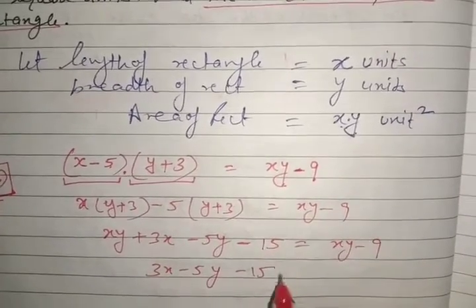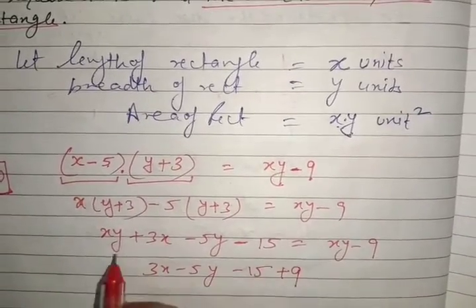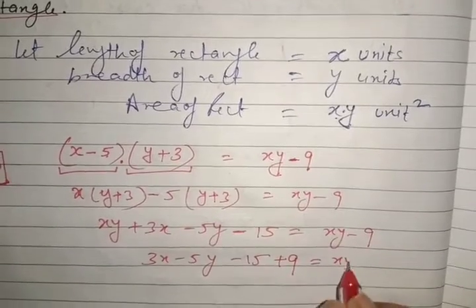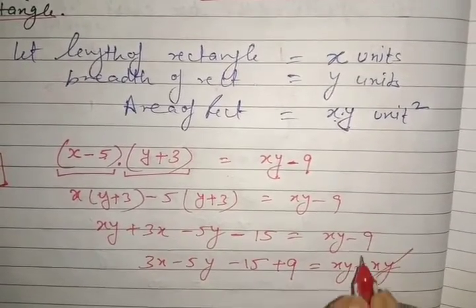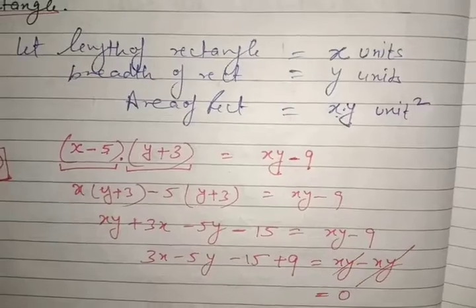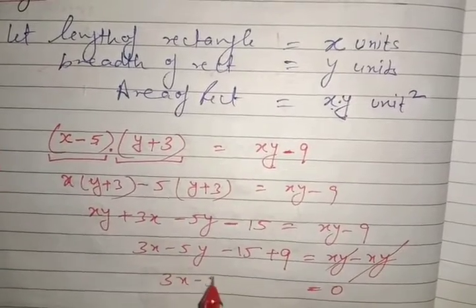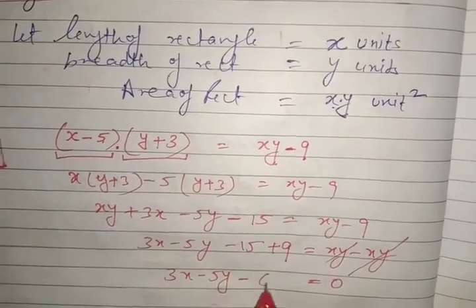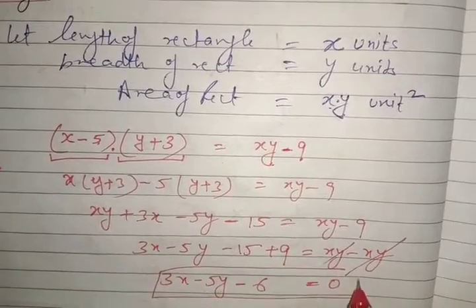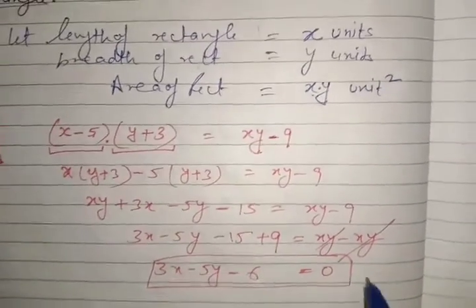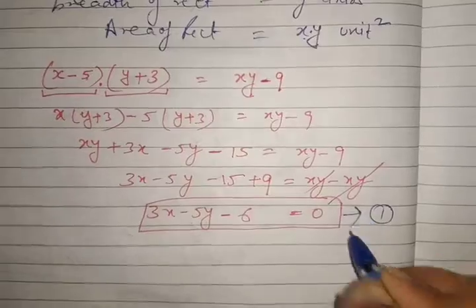Shift this 9 to this side, it will become plus. Shift this xy to the other side, xy minus xy cancels and this is 0. The final equation is 3x minus 5y minus 6 equals 0. This is our first equation.